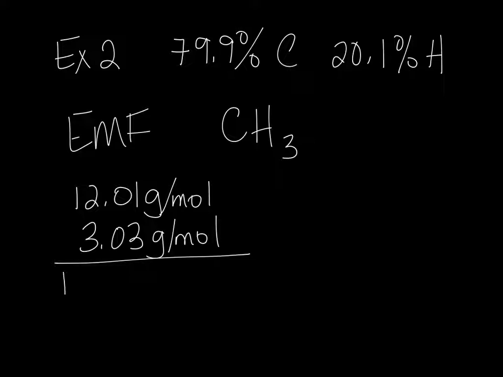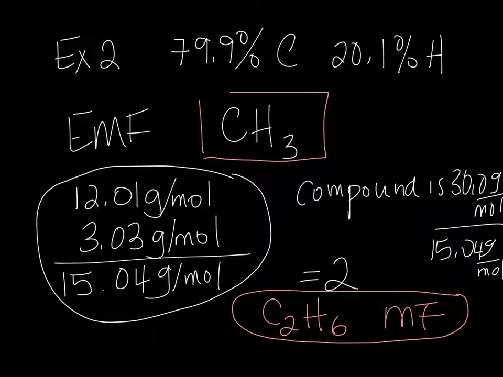So the molar mass of this would be 15.04 grams per mole. So that is the mass of just CH3. So figure out how many times your empirical formula molar mass goes into your compound's molar mass. Take that number, multiply it by your EMF, and you will get your molecular formula.